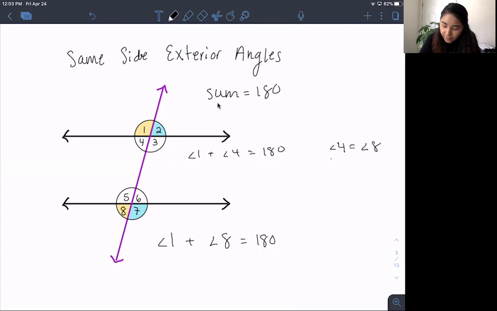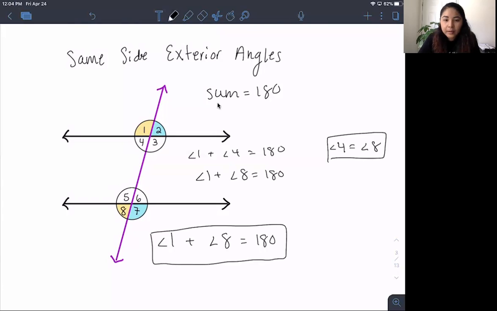If angle 4 equals angle 8, then we can substitute angle 4 with angle 8. So angle 1 plus angle 8 equals 180, and we get the relationship that we found. Okay, so that's just a proof of it.